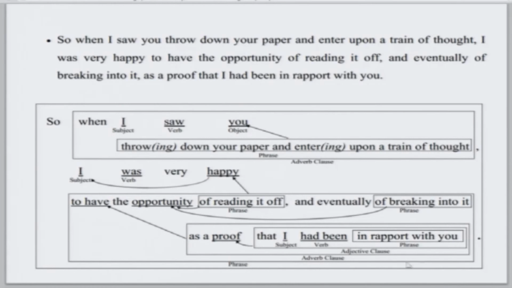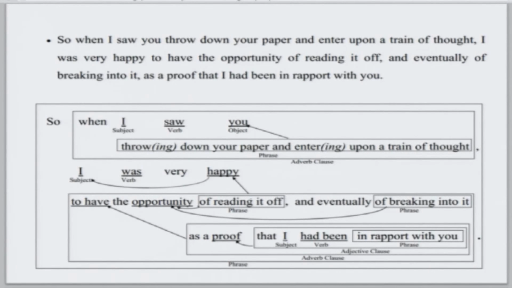How? As a proof. Have means have in what sense? Okay? As a proof. Qualifying the proof is this clause, that I had been in rapport with you. So, this phrase is actually qualifying this. Okay? And this entire thing, that I had been in rapport with you, is qualifying the word proof.